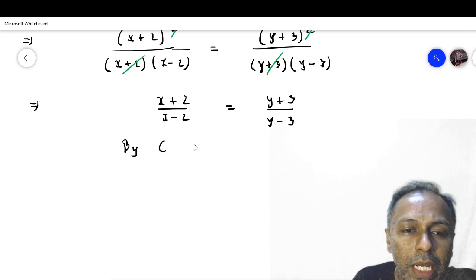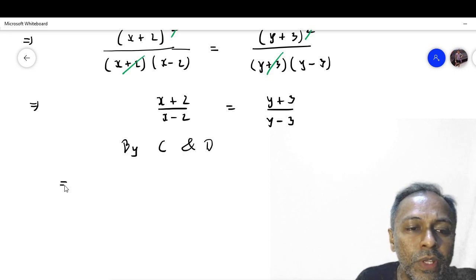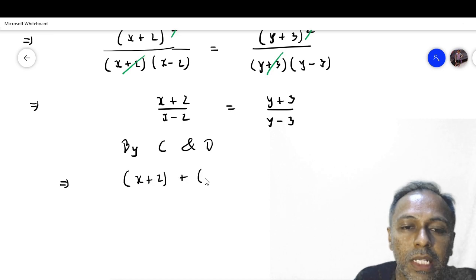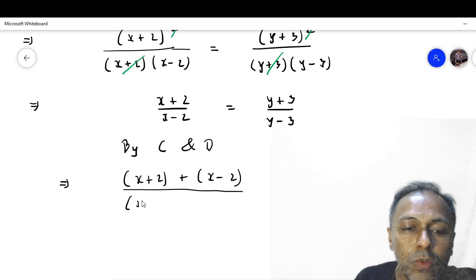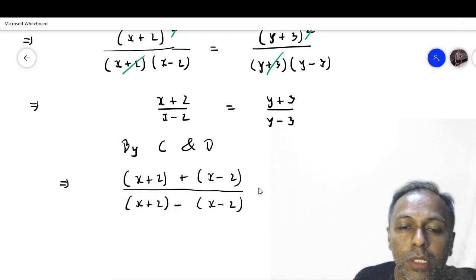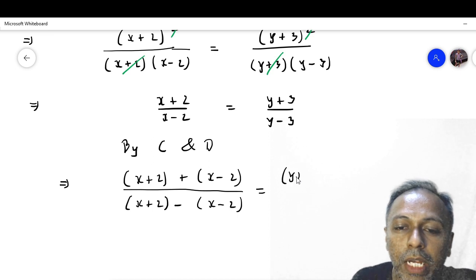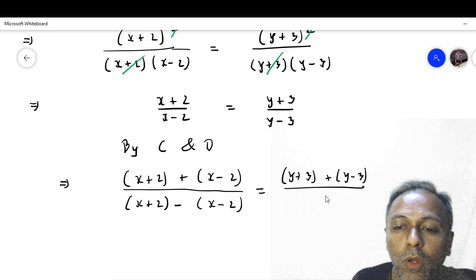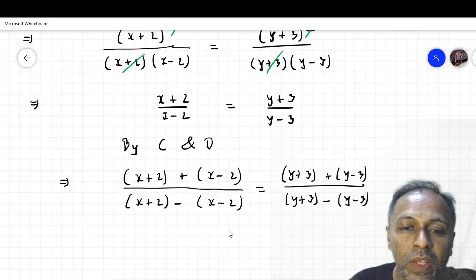So we can again write by componendo and dividendo. This becomes (x plus 2 plus x minus 2) upon (x plus 2 minus (x minus 2)) is equal to (y plus 3 plus y minus 3) upon (y plus 3 minus (y minus 3)) in a bracket.